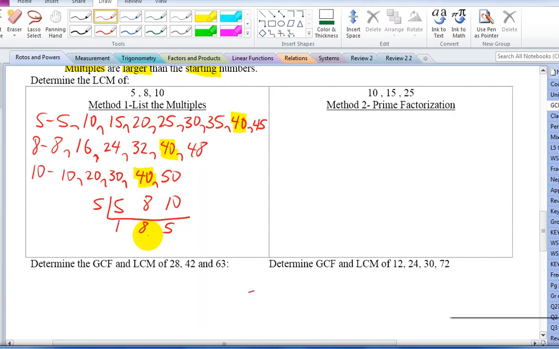Okay. And so 8 and 2, can you divide them by a number? Notice this is not a GCF. We didn't divide them all by the number 5. Only 2 of them.